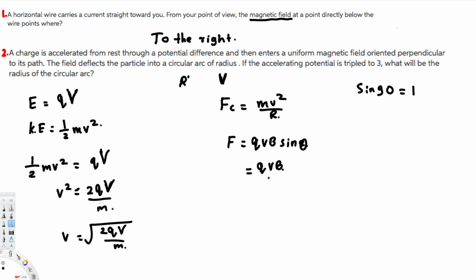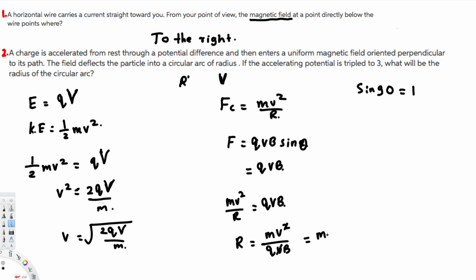Now all we have to do is find the relationship between radius and velocity. So let's equate both of them: mv squared over r is equal to qvB. We are trying to find r, so r is equal to mv squared over qvB, and here v and v squared cancel.